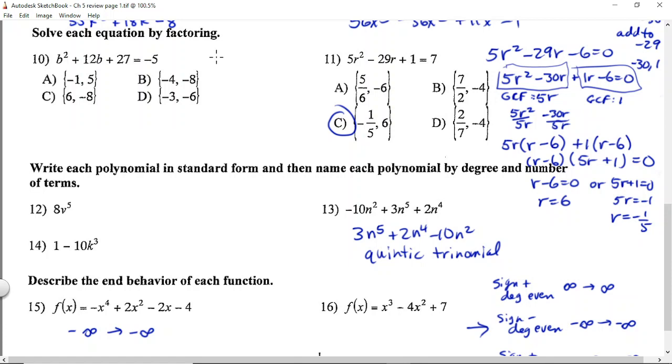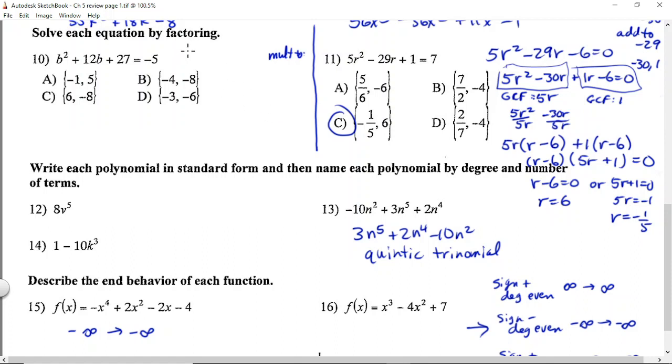We want to find numbers that multiply to, let's see, I'll draw a line here to separate these out. Multiply to 27. No, wait, I've left off a step. We don't know what we want to multiply to yet because we have not set this to 0. Well, let's do that first.